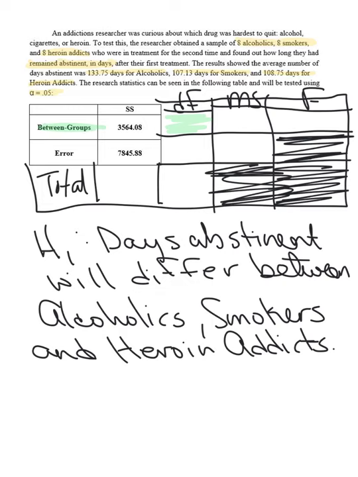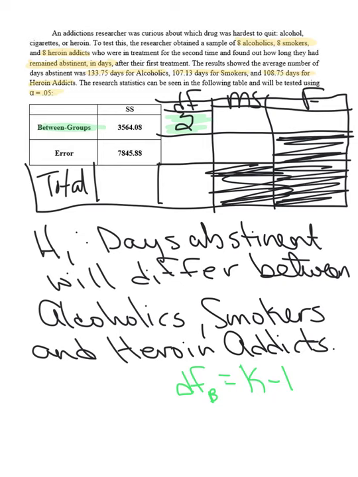I'm going to color code it. Degrees of freedom between groups equals k minus 1. That's basically how many groups do we have minus 1? Well, we have 3 groups, and we subtract 1, and that's 2. So our degrees of freedom for between groups is 2.